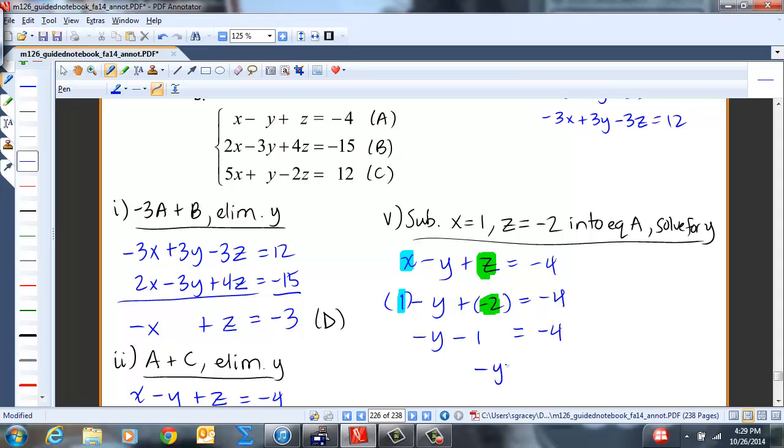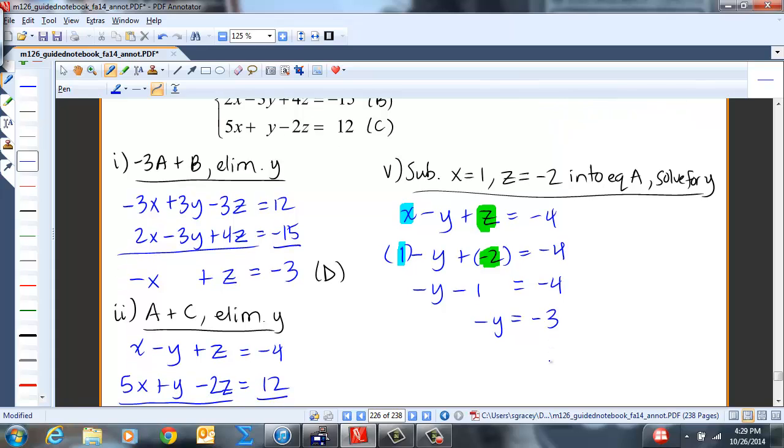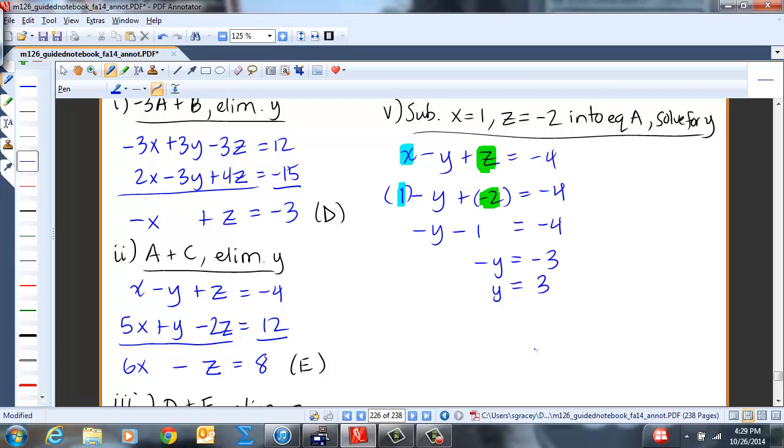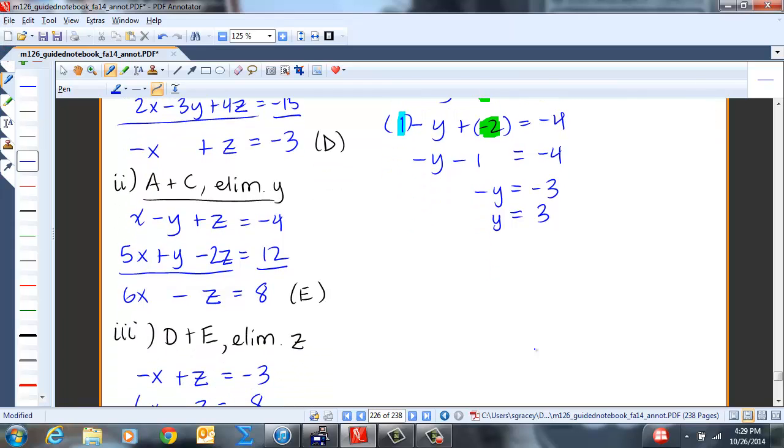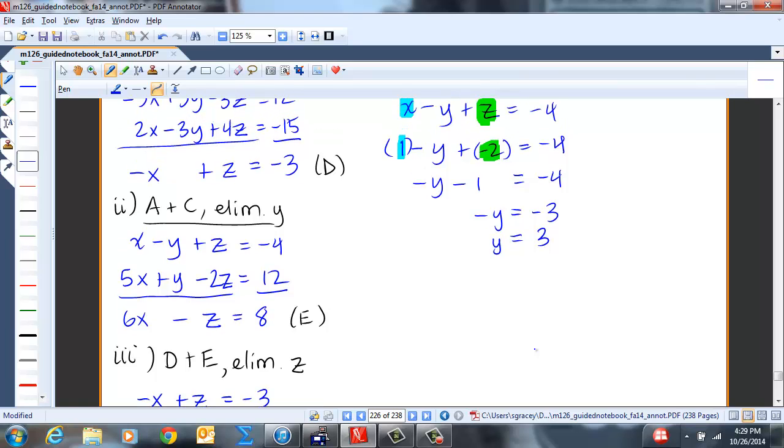Adding 1 to both sides, we'll get negative y is negative 3, and then y is positive 3. Okay. So we're ready to roll.